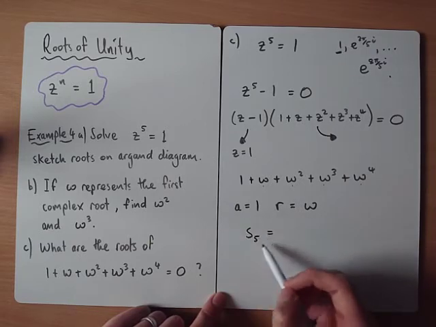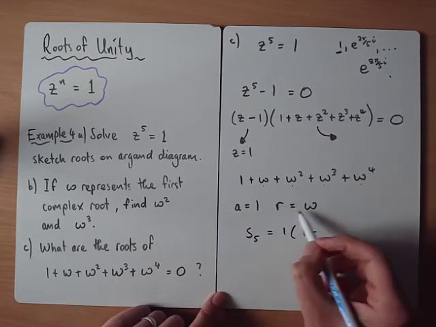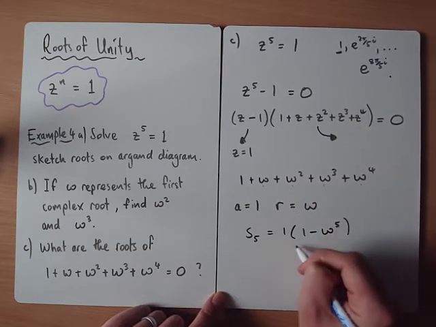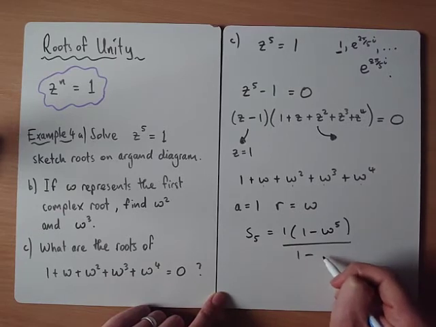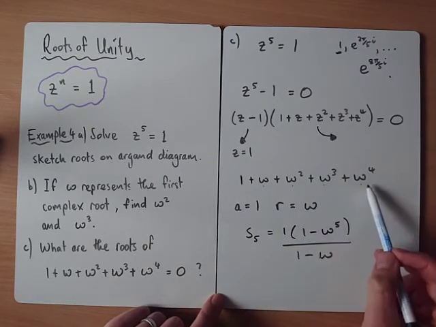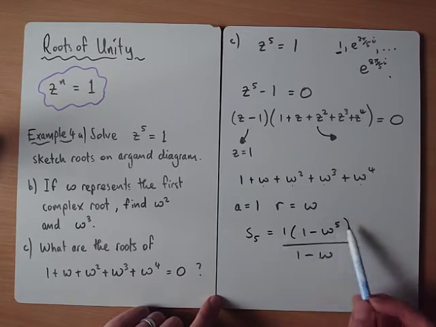So we could use the sum formula. It's a times 1 minus r to the power of n, all divided by 1 minus r. So without having to do that big algebraic division, look at this summation here, and we can say it's equivalent to this.